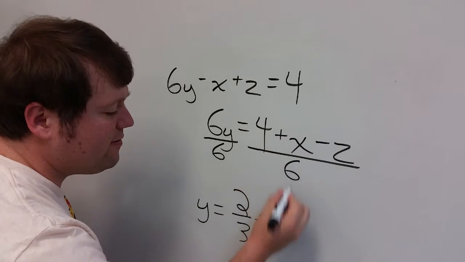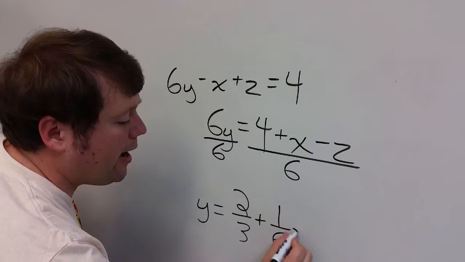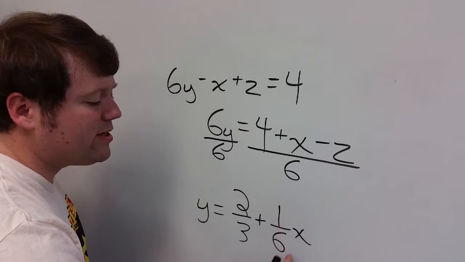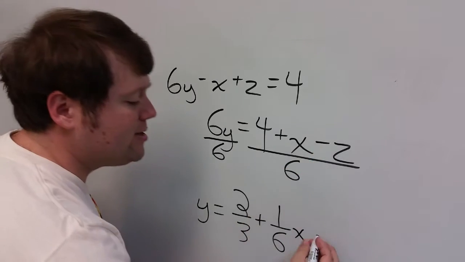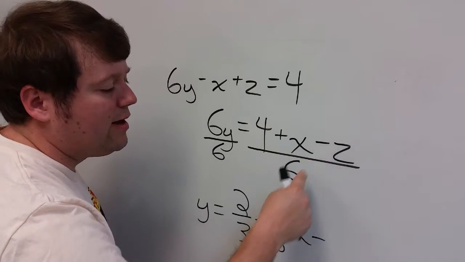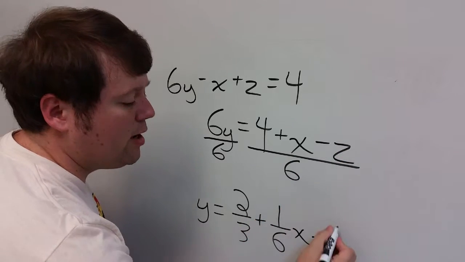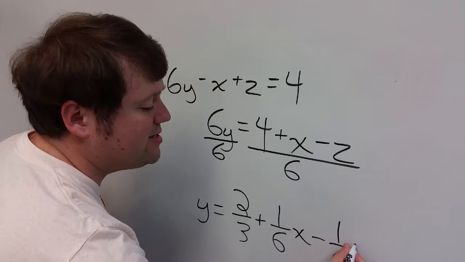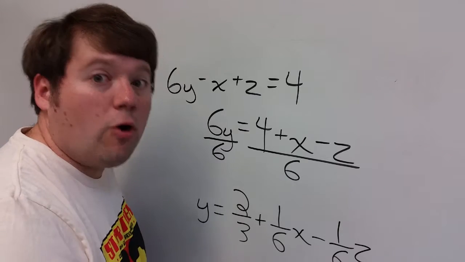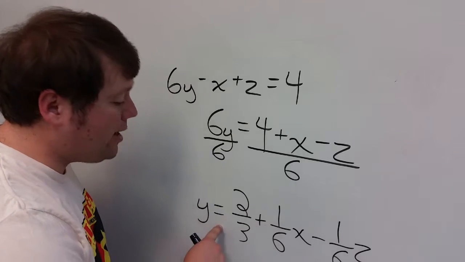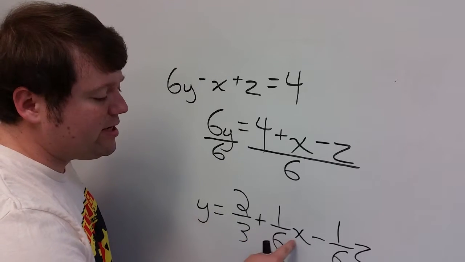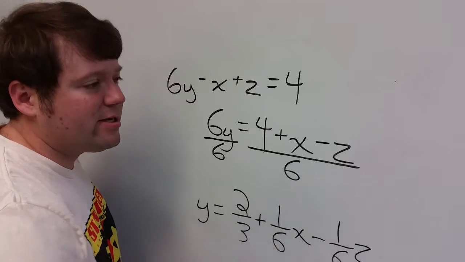Plus 1 divided by 6, x. It's the fraction 1/6 x. Minus the same thing, 1 divided by 6, z. 1/6 z. And now I've solved the equation for y. Y equals 2/3 plus 1/6 x minus 1/6 z.